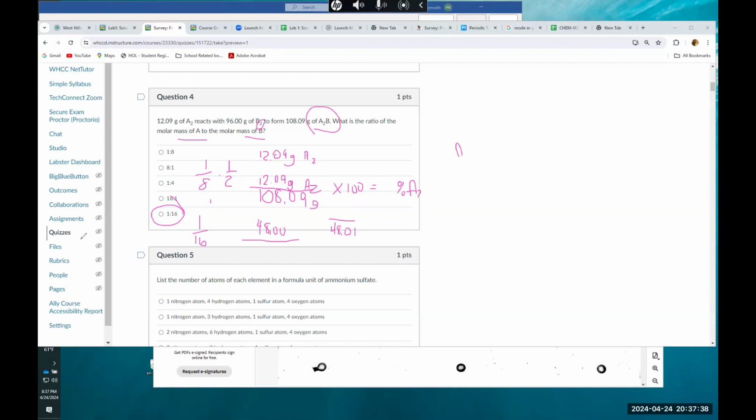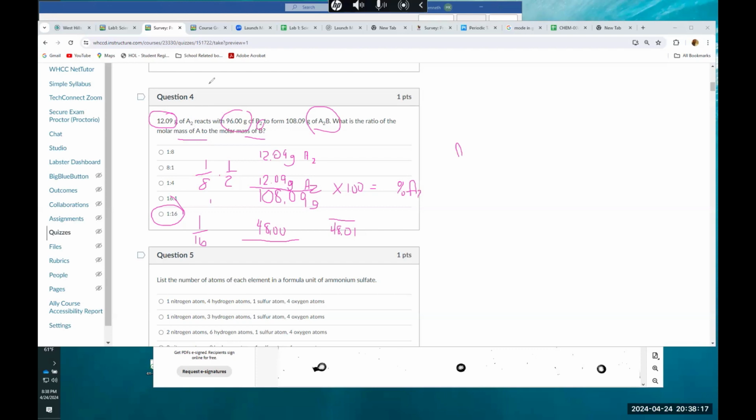Where did you get the 48 from? Initially we got the 48 because that 96 would be less than what we have, so that would be our 1/8. I made it harder than I needed to. What I could have just done is taken those original values, 12 and 96. But we know this is always going to be a 2-to-1 ratio, so we have to divide the final answer by 2 as well.